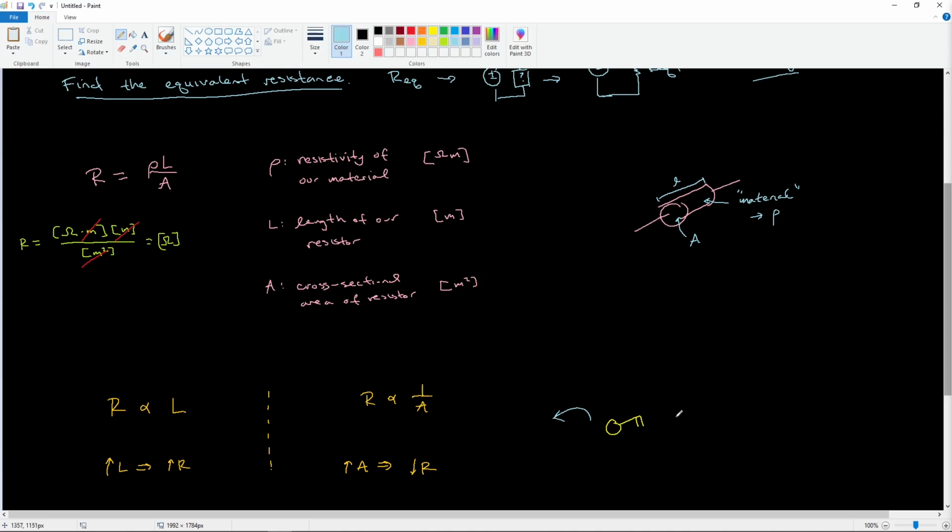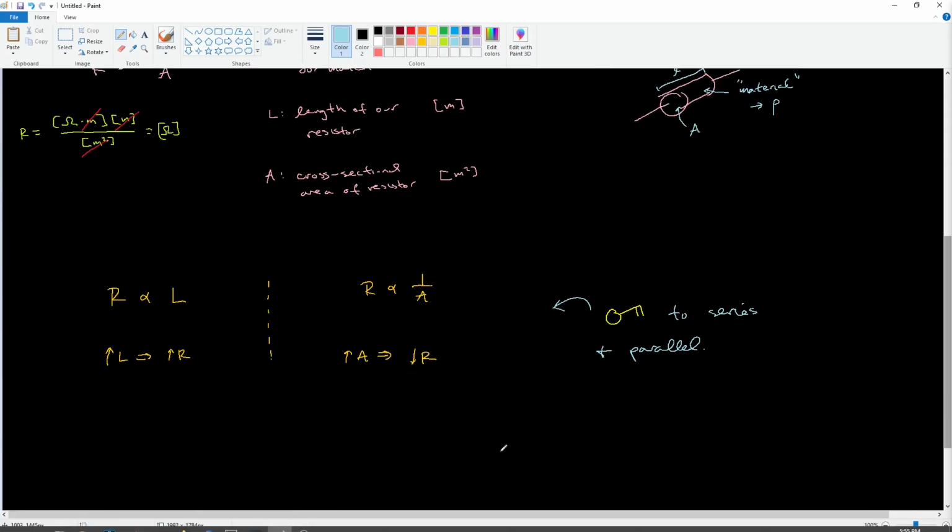These are the key to series and parallel resistors. So thinking about, right, if we stretch our resistors, we're increasing resistance, directly proportional. If we're fattening up the resistors, stacking them in some way to increase their area, then we're decreasing the resistance.